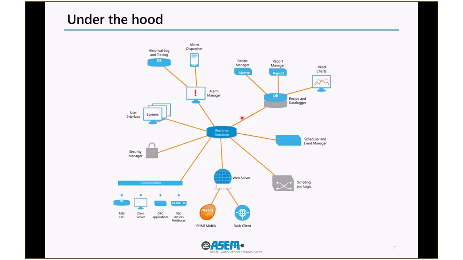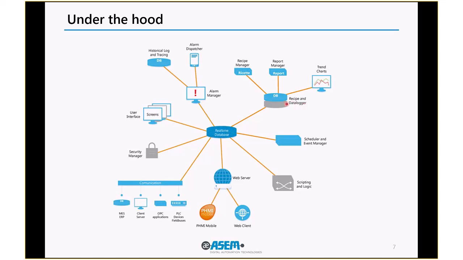Actually, the number of bytes we have seen before related to the license, basically you can see them as the size of this communication channel with the field. So information is coming to the real time, and then from the real-time database, information is shared with screens, alarm management, recipe and data logger.